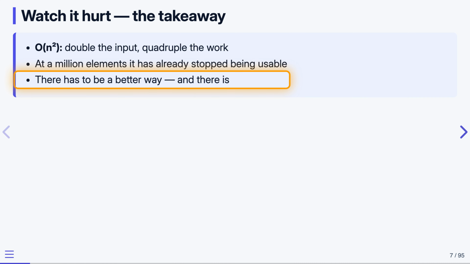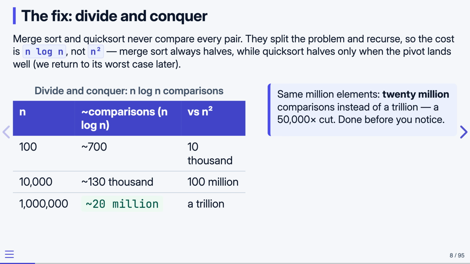Merge sort and quicksort never compare every pair. They split the problem in half again and again, so the cost is n log n, not n squared. Let's compare the same sizes. With 100 elements, n log n is about 700 comparisons instead of 10,000.